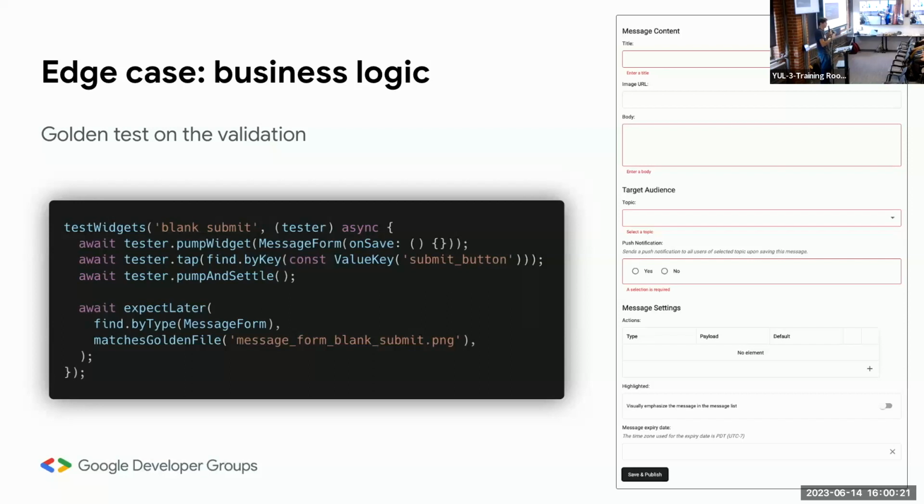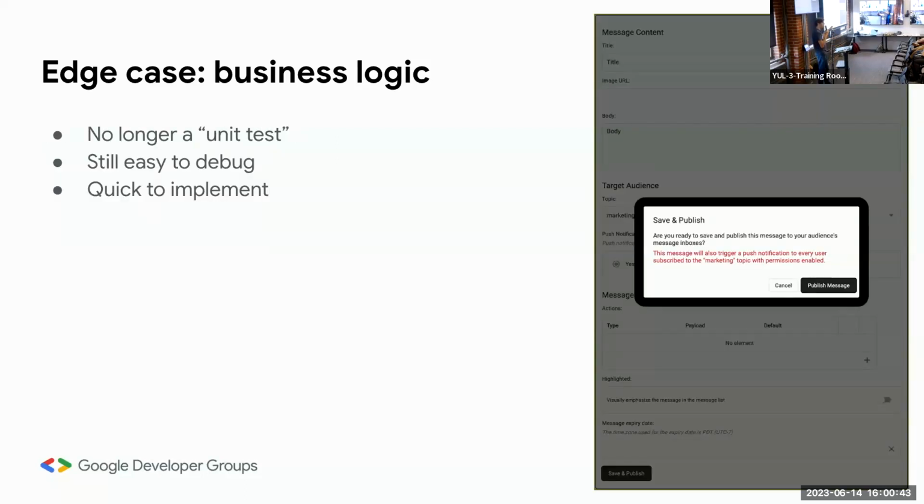So I really want that feature to be tested because it's crucial. I want that dialogue to show up. So what I did is pump not the message form but its parent, where this logic is implemented. I add a new line to click on the yes button. And here we go. I have a new golden showing my dialogue.